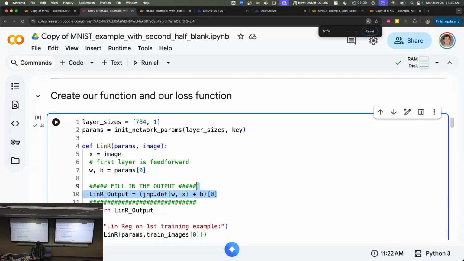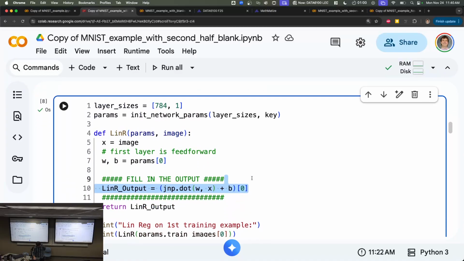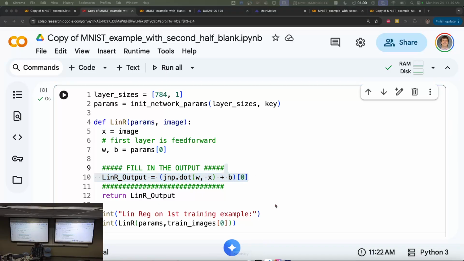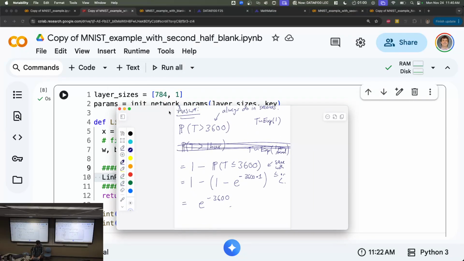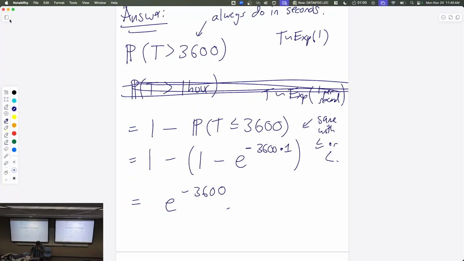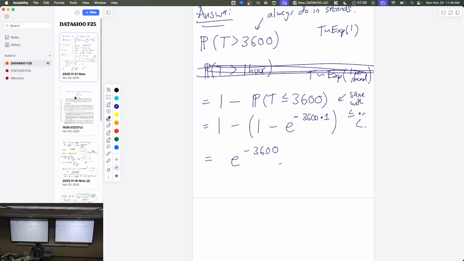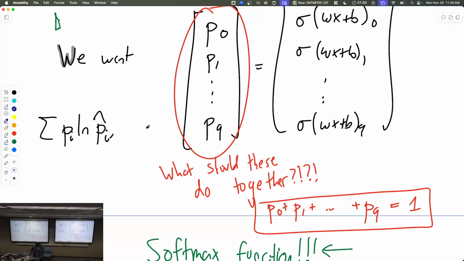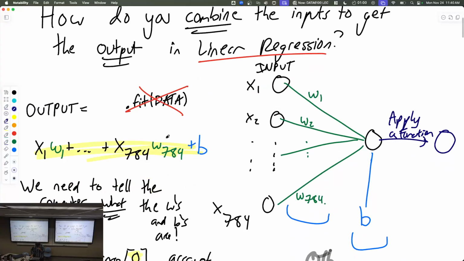Let me zoom in maybe a little bit more so you can see it. This is what we filled in last class. That was this picture. Let's see if I can get the board from last class. The board from last class was this one. And this should be way up here. Okay.